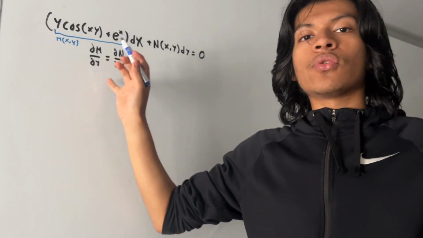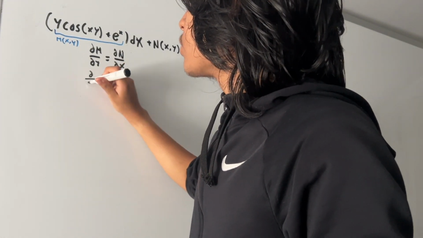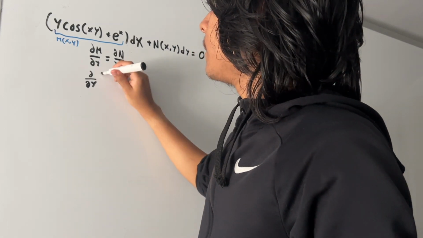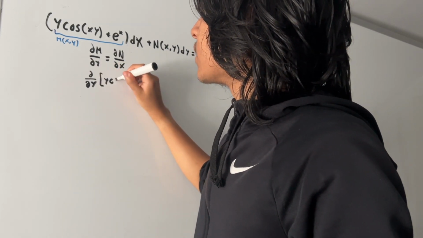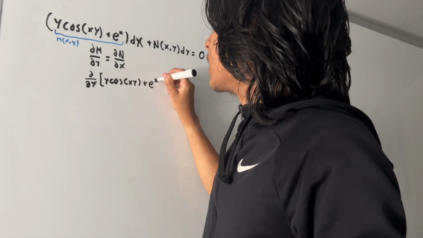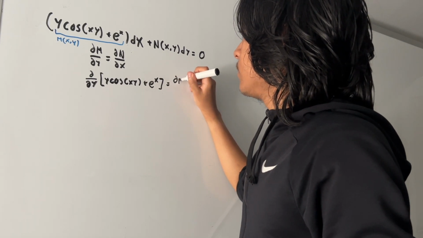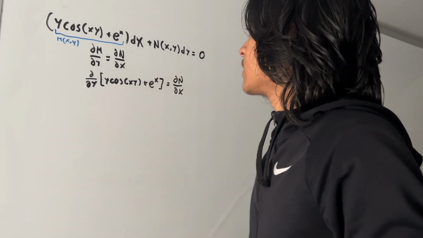So we could just make a quick plug-in right here. So we have the partial with respect to y of our function, x y plus e to the x, and we just have our partial of N with respect to x.